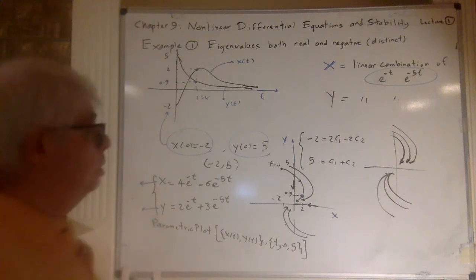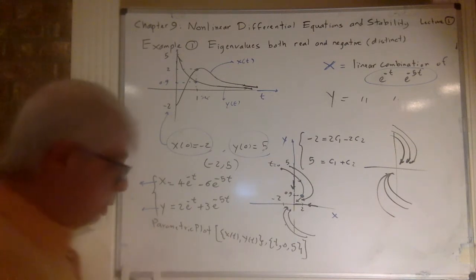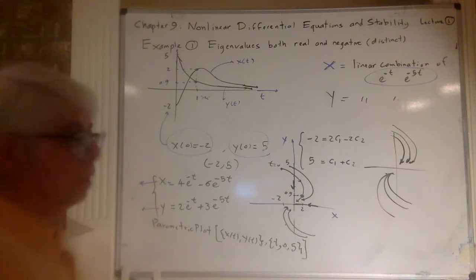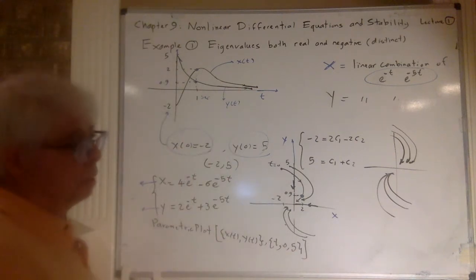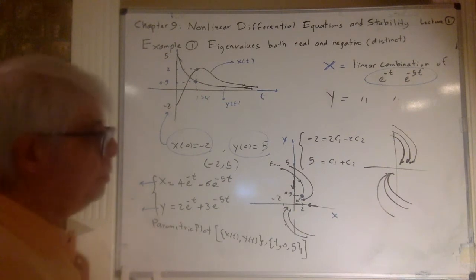All the trajectories go towards 0. Wherever they start, they might be way up there somewhere in the universe. Eventually, if (0, 0) is like the Earth, for example, they get closer and closer to the Earth.